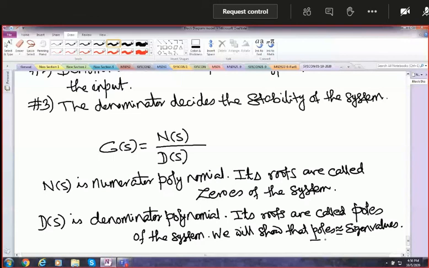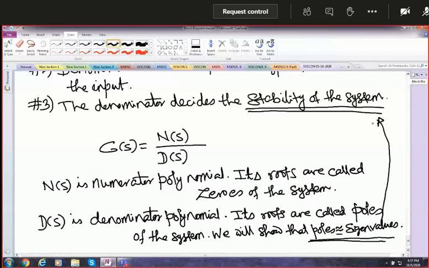And eigenvalues of a system do not depend on what kind of excitation is given to the system, what the external source is, and they don't depend on what you are taking measurement out of the system. Eigenvalues are a property of the system. So the denominator of a transfer function is always fixed. It doesn't change on sensors or actuators. The numerator changes with sensors and actuators. The denominator gives you the same as the poles or eigenvalues of the system, which decides the stability of the system.